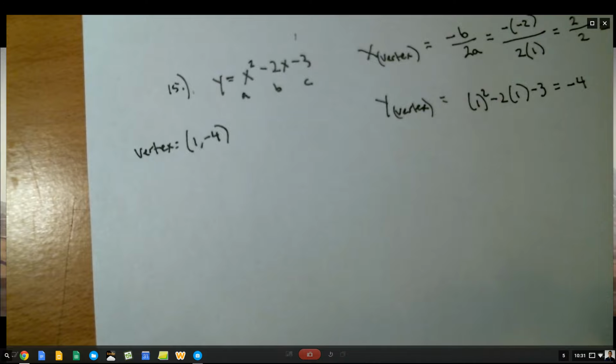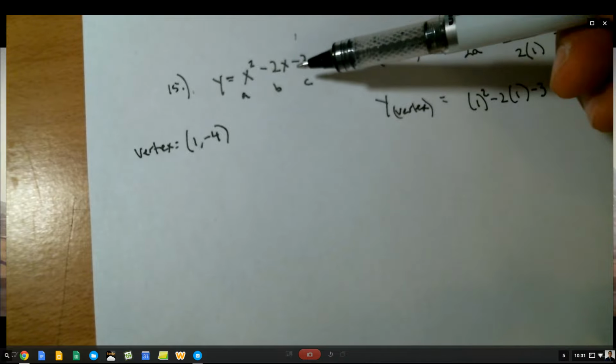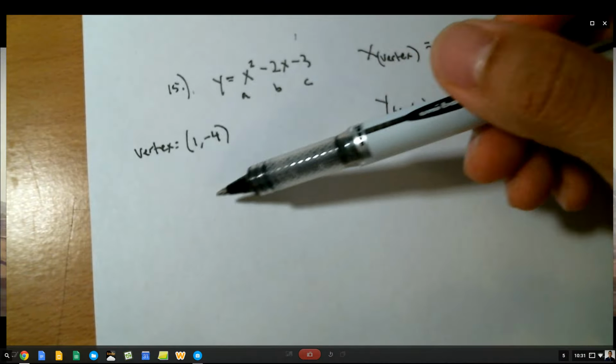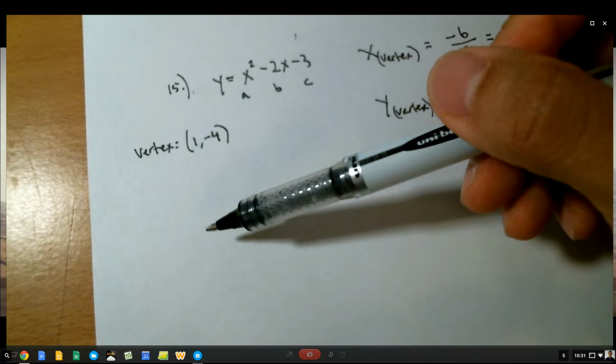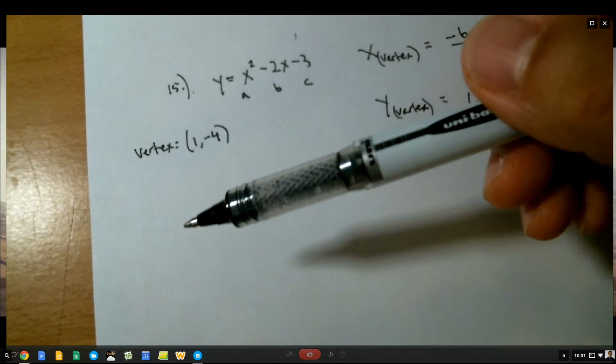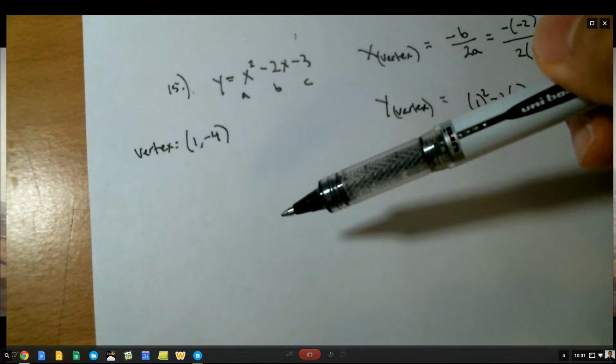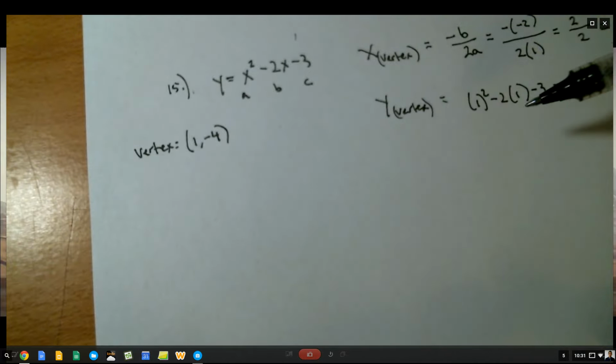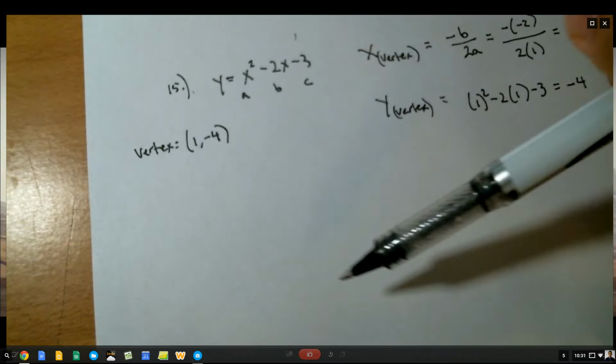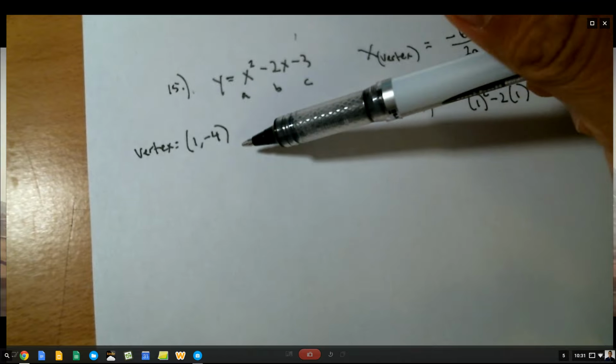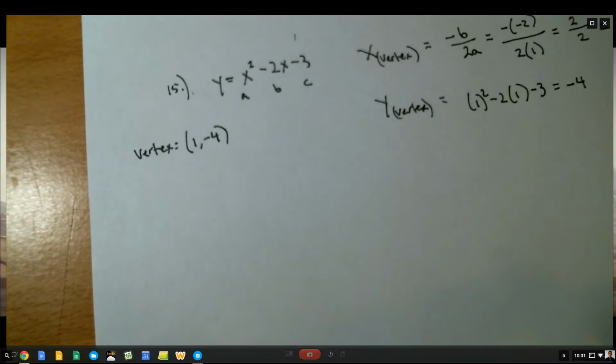Now before, we would graph it by setting up a table with the vertex and picking a point to the left of it and a point to the right of it, which is great. But now we have a new power in our hands, and that is finding the x-intercept. With that, we get a much more accurate graph. And by finding the x-intercept, we also knock off another question that they're asking.